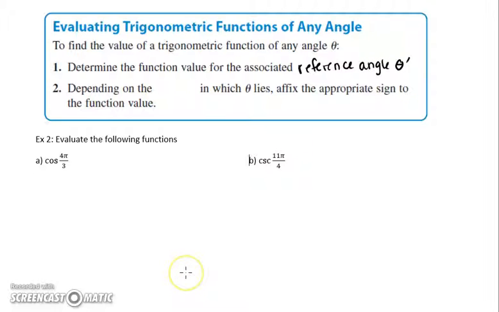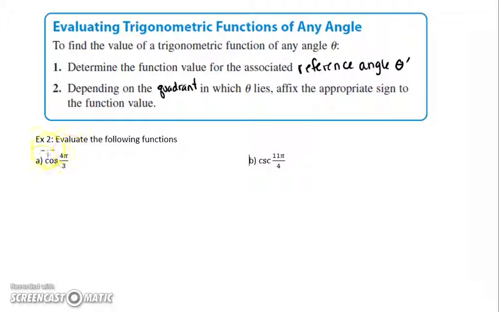So the first thing we're going to do is find theta prime, our reference angle, then we're going to find the trig function of that. So if it's asking for something like cosine of 4 pi over 3, we find its reference angle and take the cosine of that. Then, depending on the quadrant that we are in, we have to affix the appropriate sign to the function value.